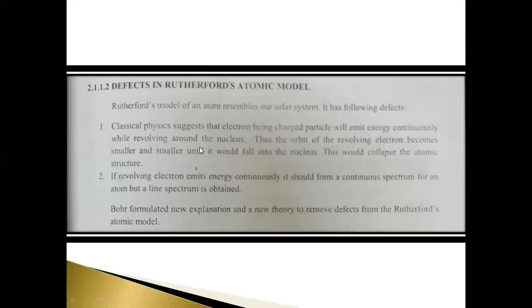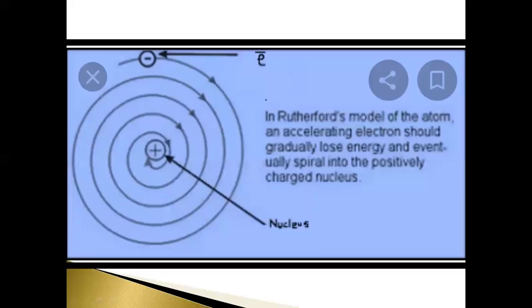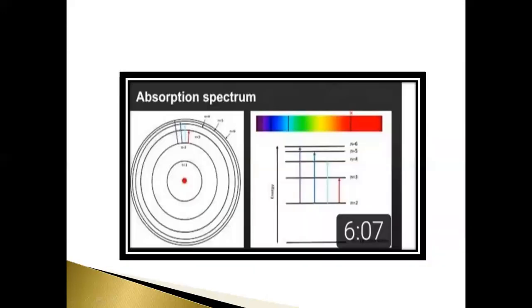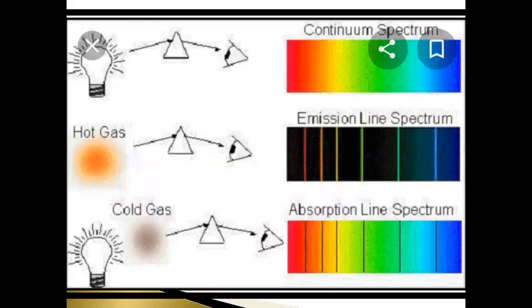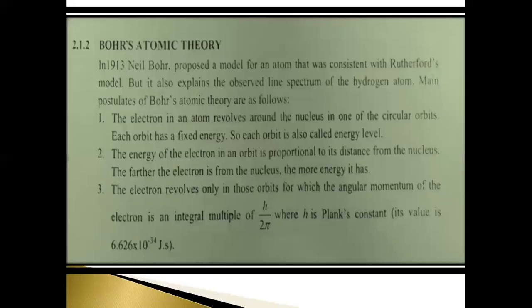Okay, the postulates of Bohr again. I told you that the first postulate of Bohr, which is the answer to the Rutherford problem or drawback, was that the electron in an atom revolves around the nucleus in fixed energy shells, or the energy of that circular path is fixed.